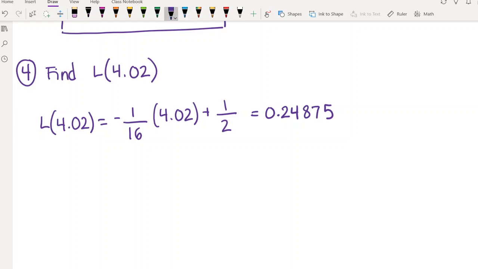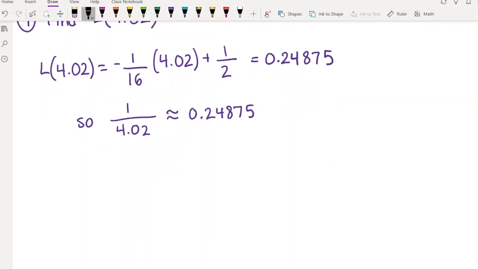This tells us that 1 over 4.02 is approximately equal to 0.24875. And so what's the actual value? It's 0.24876.